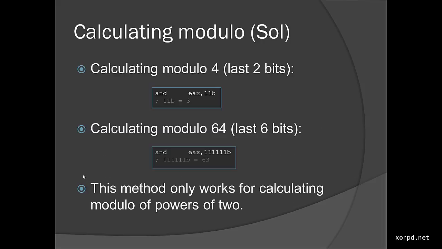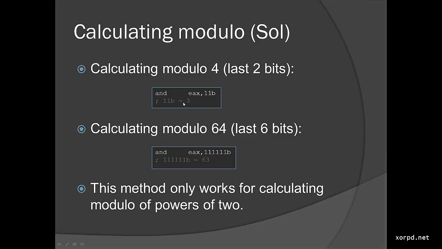So let's look at some possible pieces of code to calculate this modulo. For example, calculating modulo 4. The solution is very simple. We just AND the number EAX, which has the input, with this number 11 in base 2, which is actually 3.